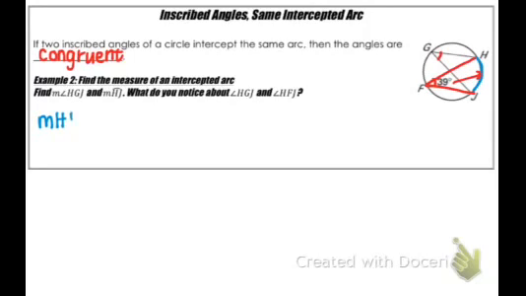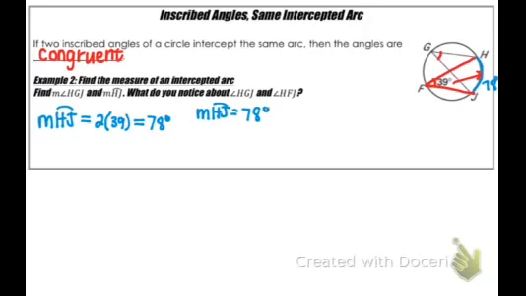So that means that the measure of arc HJ, which is the intercepted arc from the inscribed angle, is going to be twice the measure of the angle. So 2 times 39 degrees gives you the measure of the arc, which is 78 degrees. So that means that the measure of HJ is 78 degrees.